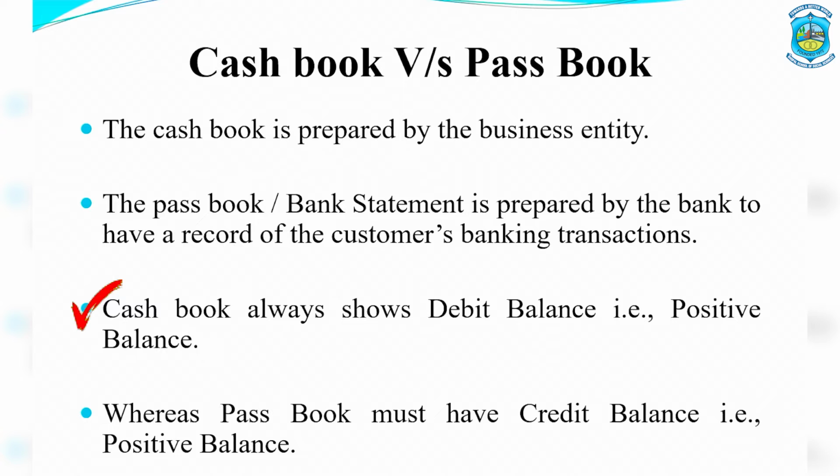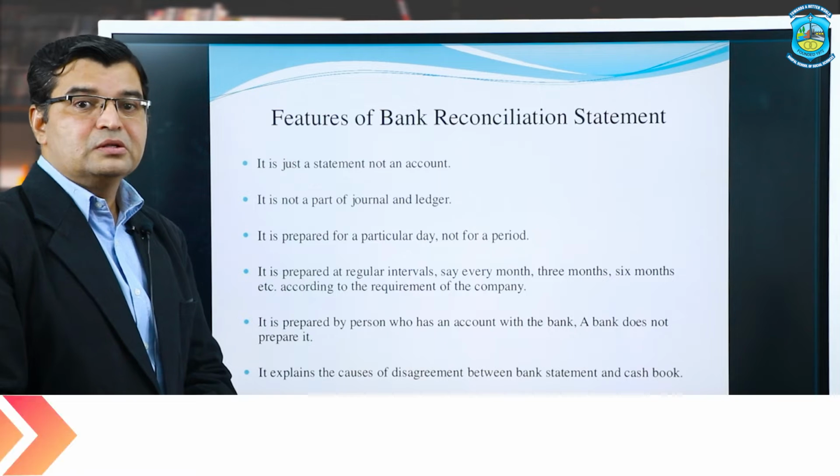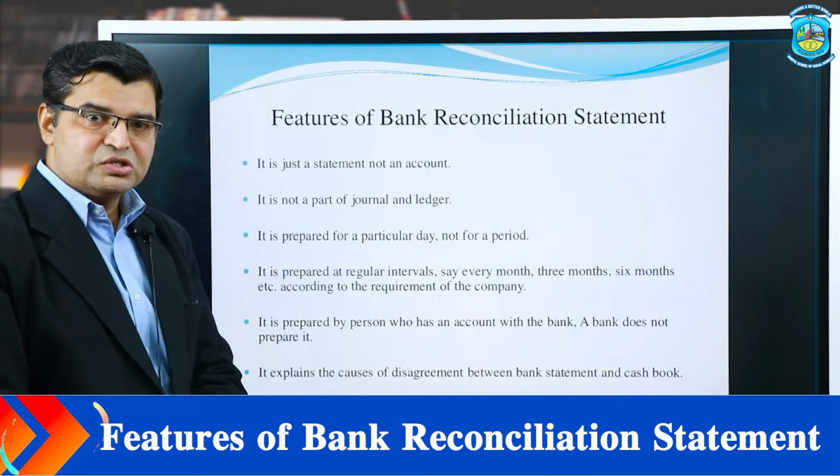Whenever we start from the balance of cash book, we always take into consideration the cash balance, that is always a positive balance. As far as the passbook is concerned, it always shows the credit balance, that is also a positive balance.